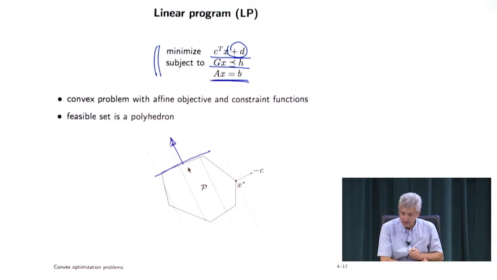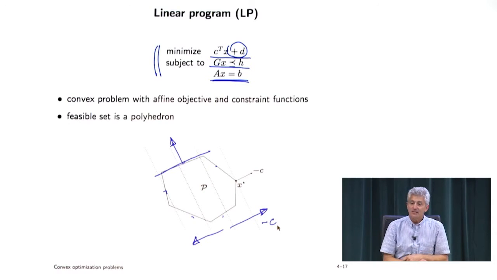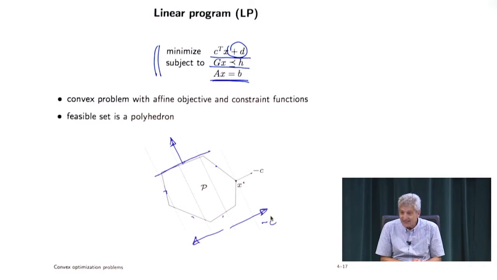This is a problem with at least 1, 2, 3, 4, 5, 6 constraints. And c points in this direction, therefore minus c points in that direction. The semantics of optimization is please move as far as you can in this direction while staying feasible. And so there's the optimal point. In this case, it turns out to be unique. So that's a linear program.